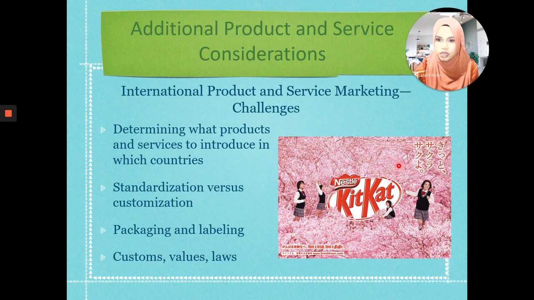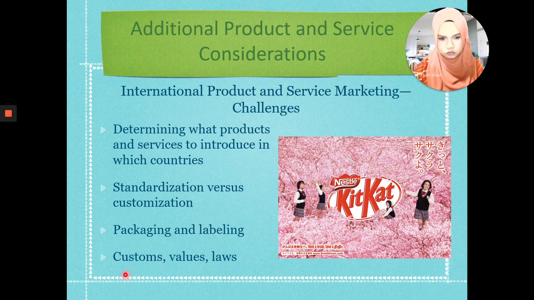So they maintain the Kit Kat and Nestle logo, but all other descriptions are in Japanese characters. Of course, packaging and labeling is the most important one that you will look into, because you don't want to be in a situation whereby you sell things and people cannot understand the language, so people cannot make decisions and even pronounce the product or read the description about the product.